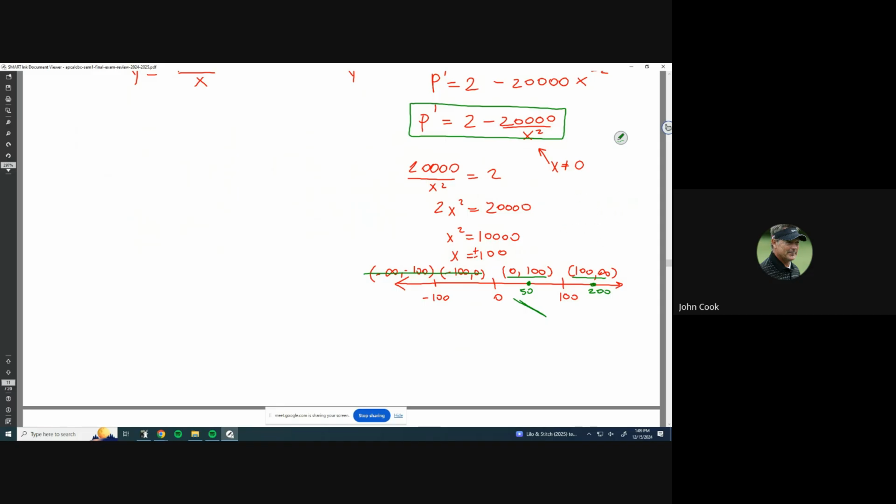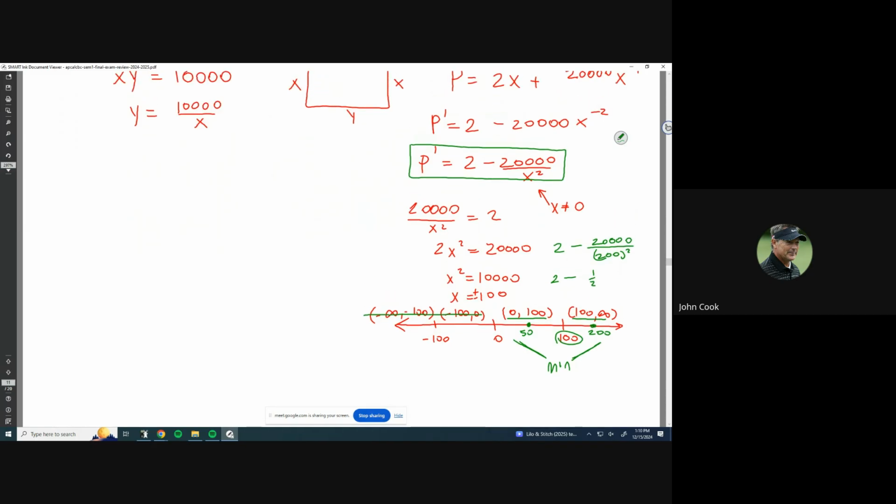And then if I plug in 200 to my derivative, I get 2 minus 20,000 over 200 squared. So that'd be 2 minus 20,000 over, and then 200 squared is 4, and then 4 zeros. So that's a half. And so that'd be positive, so it'd be increasing. So sure enough, this will be a minimum. So that means that 100 is going to be my local minimum value.